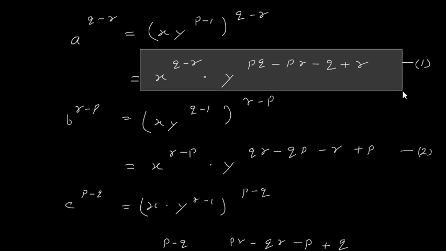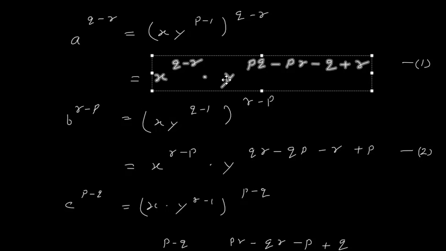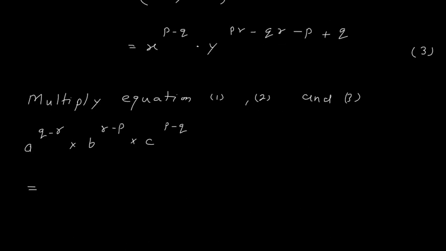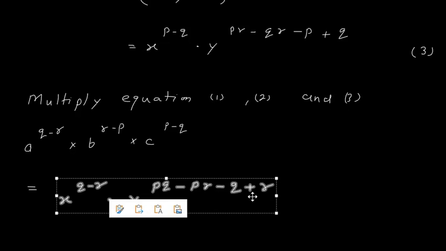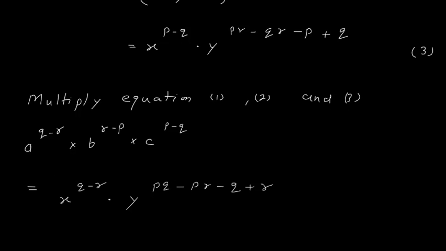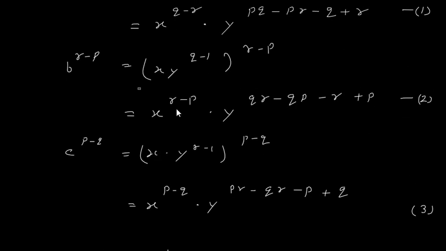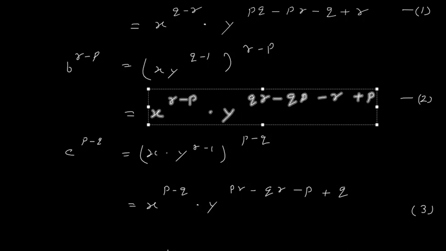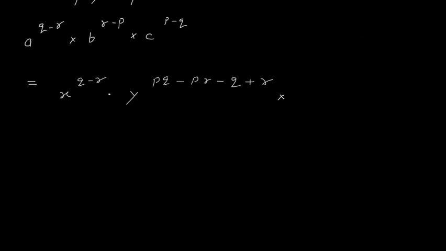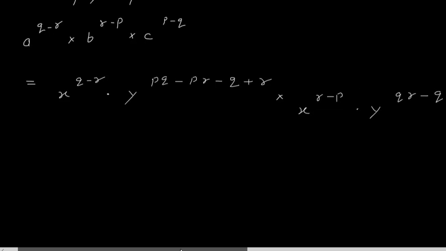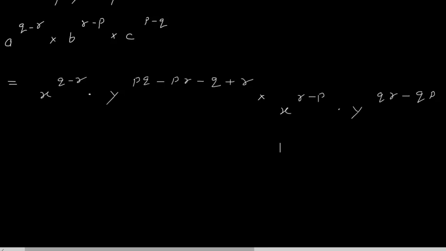This value is A power q minus r into B power r minus p.